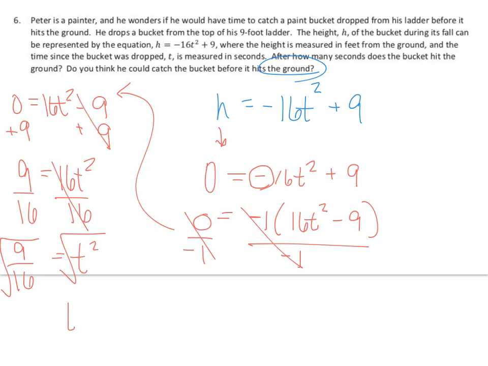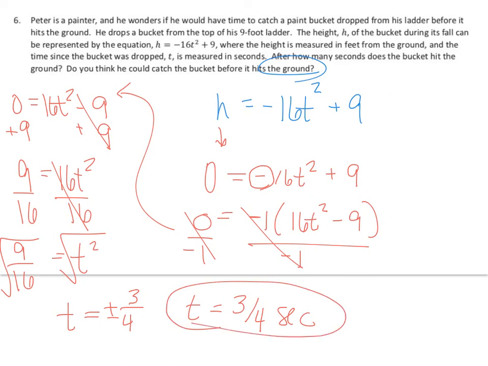I have t equals, square root of 9 is 3, square root of 16 is 4, plus or minus 3/4 of a second. Can I have a negative time? Well, no I can't. So our time is 3/4 of a second when that thing hits the ground.